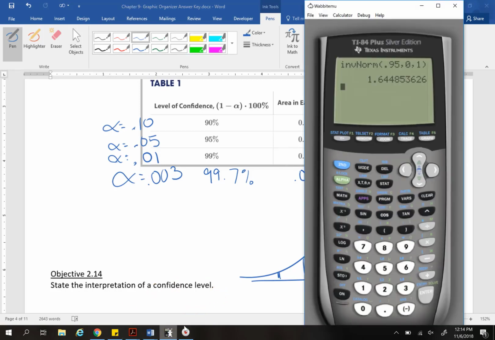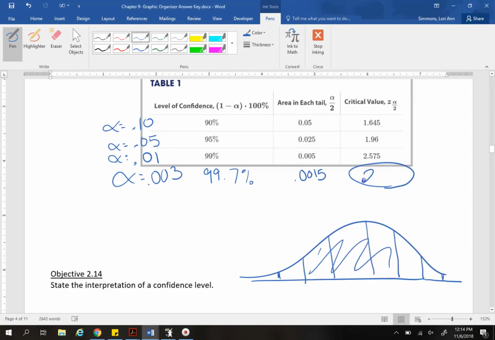And then let's find it on our calculator. So we can do 1 minus the 0.0015 and then 0.1. So 2.97, very close to the 3 that we know from the empirical rule.